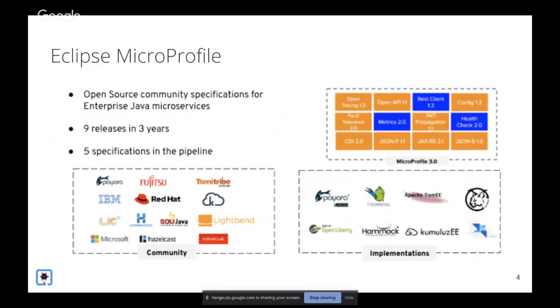But while it had slowed down for a while, we basically, as a community, whether vendors or individuals, Java user groups, created the Eclipse MicroProfile, right? The idea was to continue creating specifications that foster multiple implementations, but we do it in a different way than was done with Java EE, and even different from, I think, how Jakarta EE will evolve.